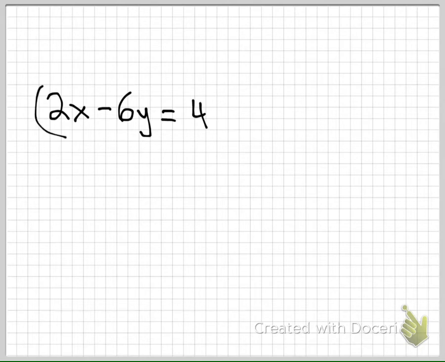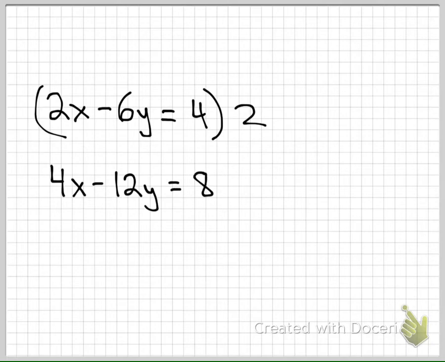Well, if we multiply this equation by 2, we're going to get 4x minus 12y is equal to 8. And if you notice, all those numbers were multiplied by 2, so that equation will be similar to that original equation of 2x minus 6y equals 4.